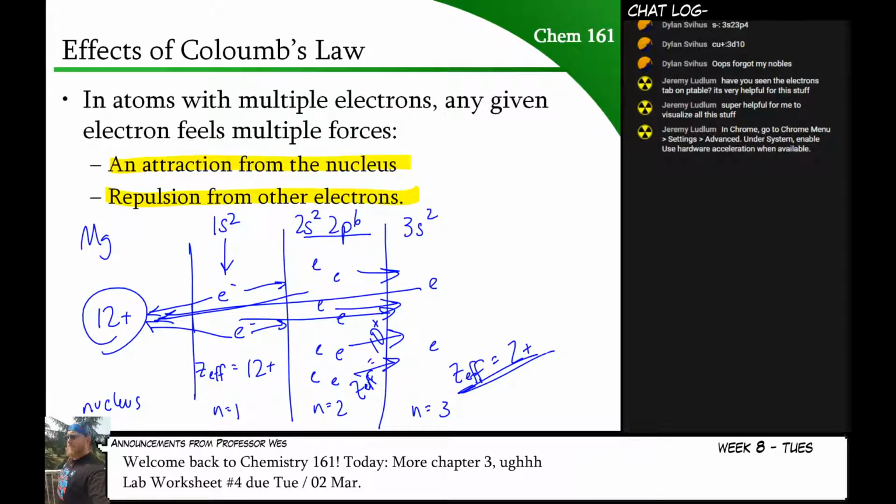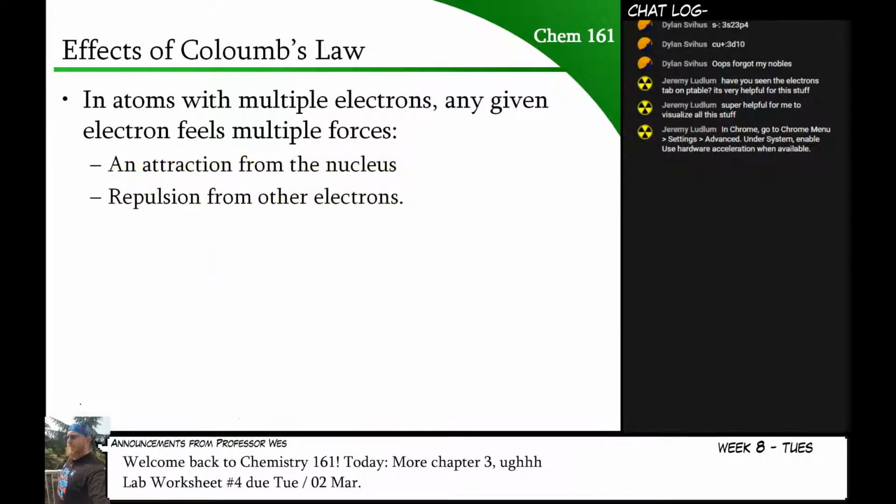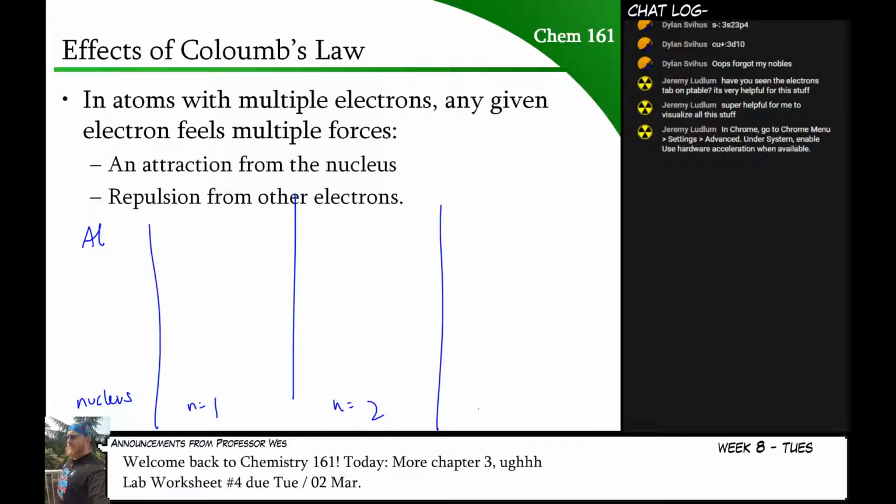Now what I'm going to do is hit clear, and we're going to look at another atom in n equals 3. Let's look at aluminum. We'll go nucleus, n equals 1, n equals 2, and n equals 3. The reason I'm doing this again is just for practice.